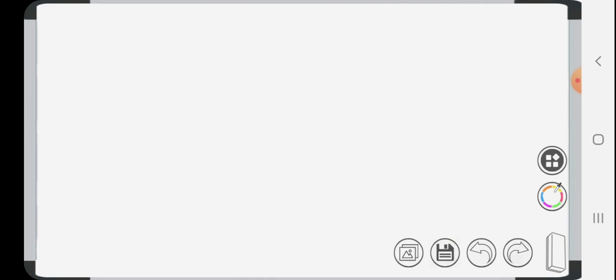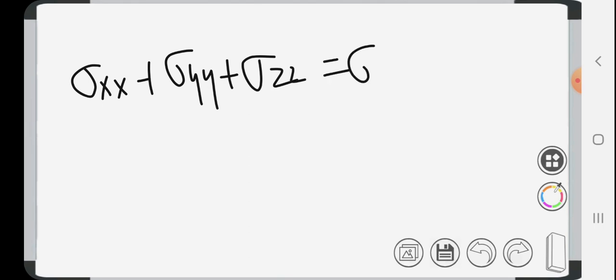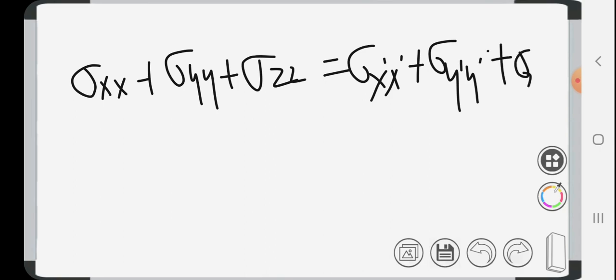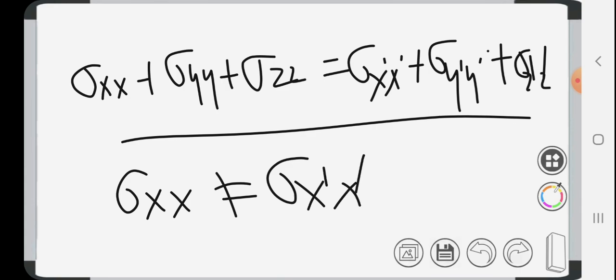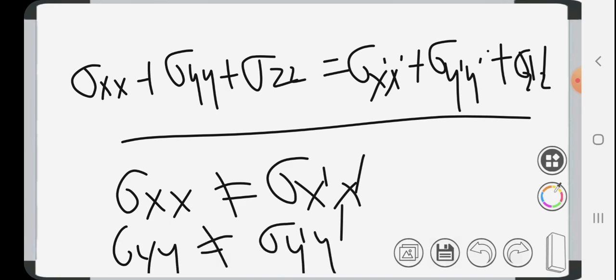So sigma xx plus sigma yy plus sigma zz should equal sigma x dash plus sigma y dash plus sigma z dash. That is the property of an invariant. But sigma xx will not be equal to sigma x dash, since these are calculated based on different frames of reference. Similarly, sigma yy won't be equal to sigma y dash, and tau xy won't be equal to tau x dash y dash.